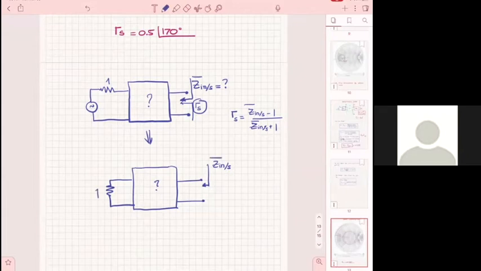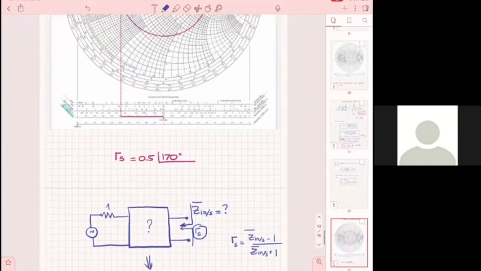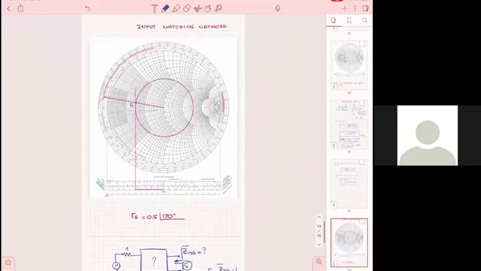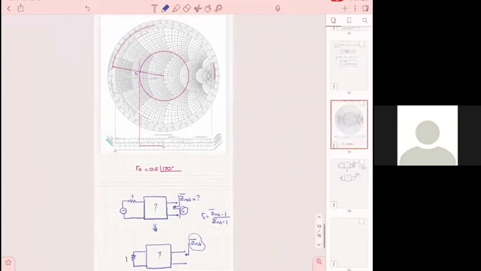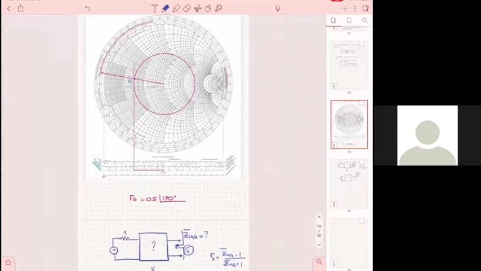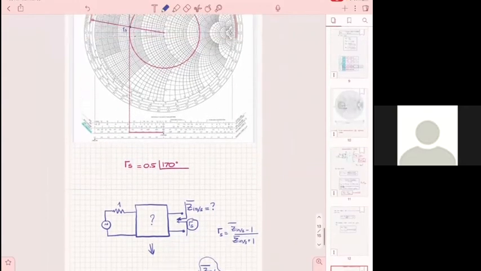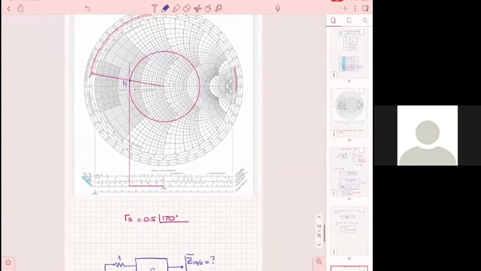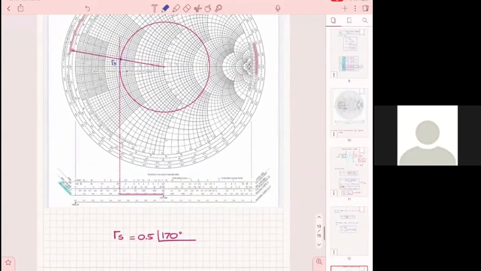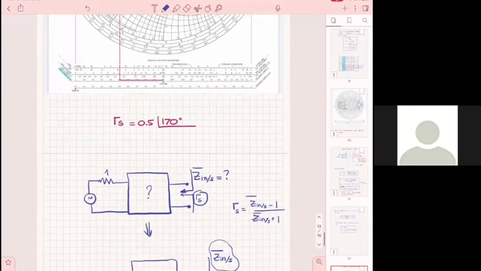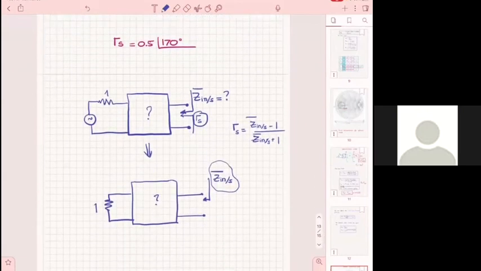And that's it, this one. And what is this impedance? Where is this impedance here on the Smith chart? Show me the point of this impedance on the Smith chart. Just to solve this problem. Show me on the Smith chart this impedance here.